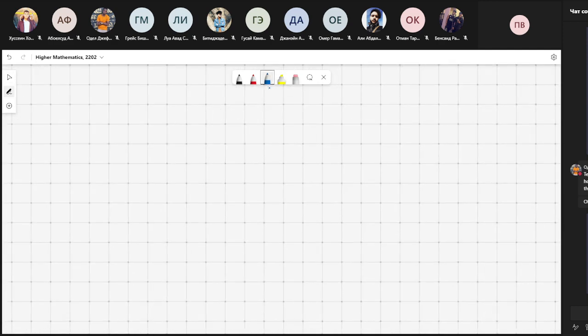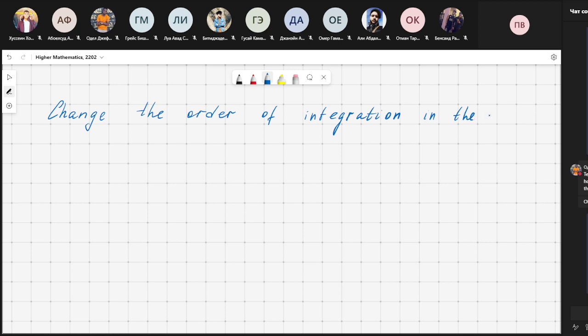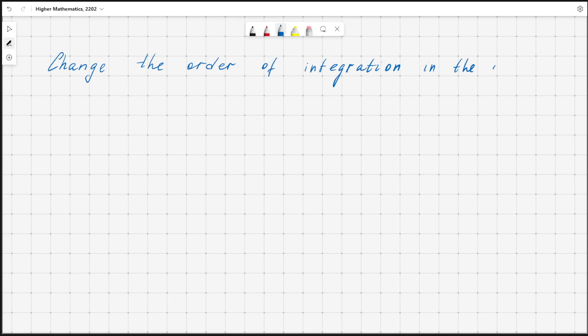In next examples, we must change the order of integration in the integrals. And first, number 13.